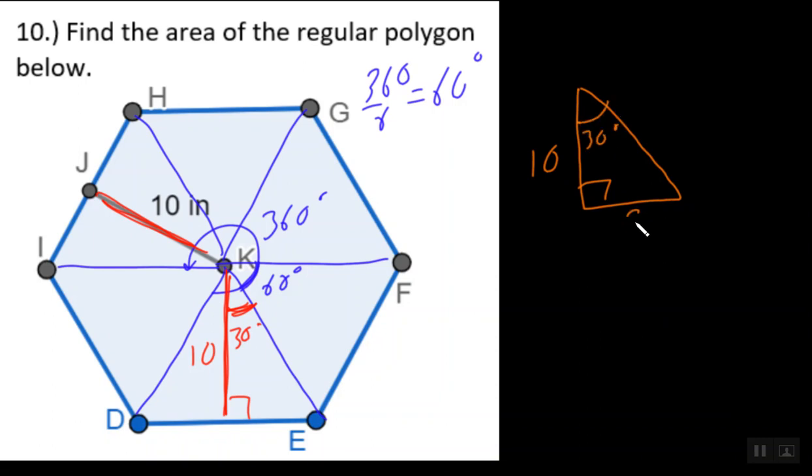And we want to know that length right there. Why do we want to know that? Well, the area of a regular polygon is equal to 1/2 the apothem times the perimeter. In this case, the area of our regular polygon is 1/2 times 10, because remember that's our apothem, times whatever the perimeter is.